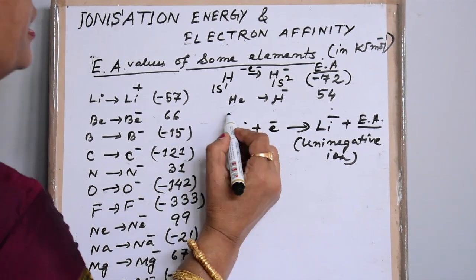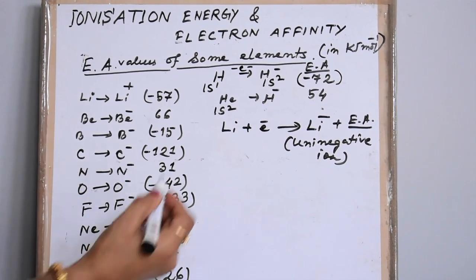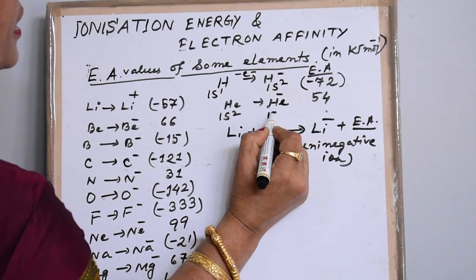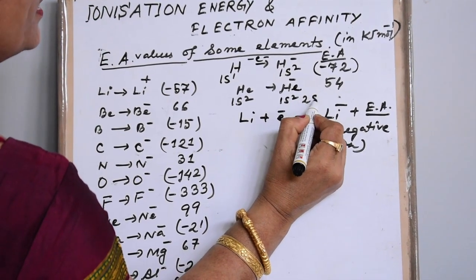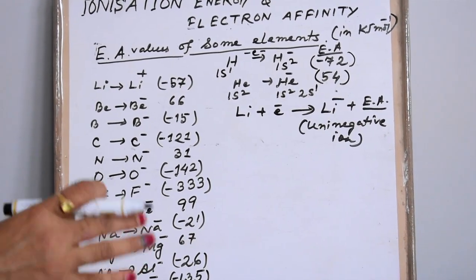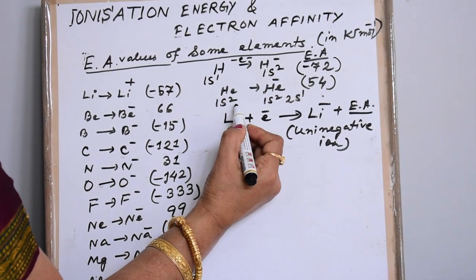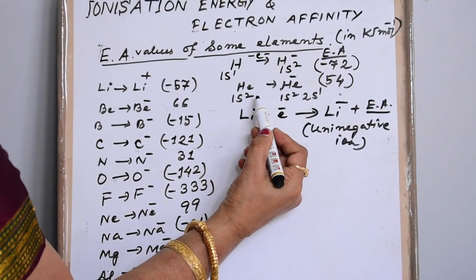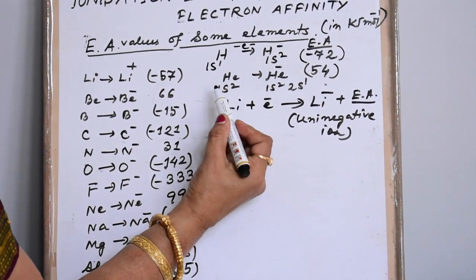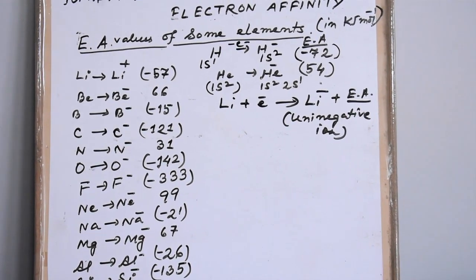Suppose in the case of helium, it has electronic configuration 1s2. After forming helium minus, it will become 1s2 2s1. That means we have to add energy. That means energy is absorbed in the case of helium when we form the helium negative ion from helium, because it has the stable 1s2 electronic configuration.